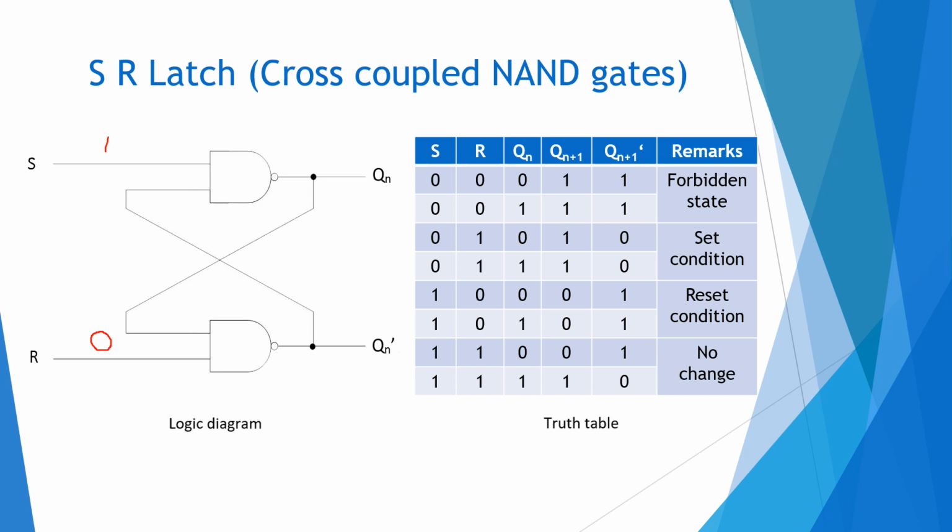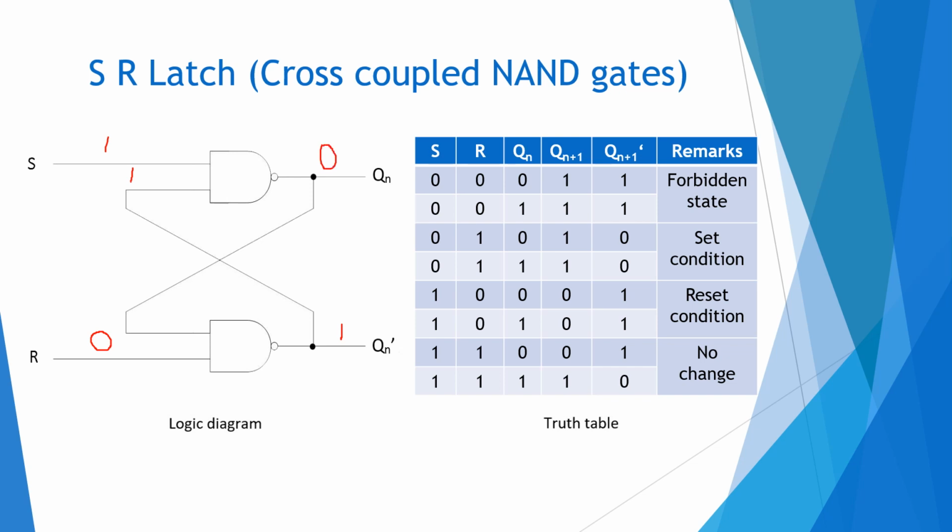So essentially QN bar will be 1, because one of the inputs is 0, so the output of the NAND gate will be 1. This 1 goes here, and when 1 and 1 come, QN equal to 0.